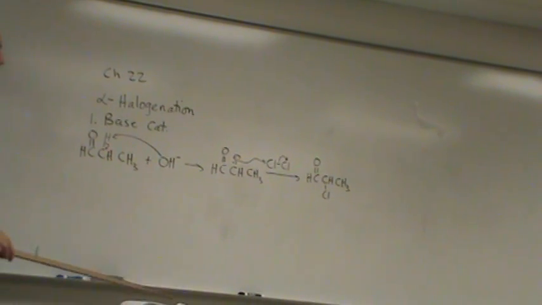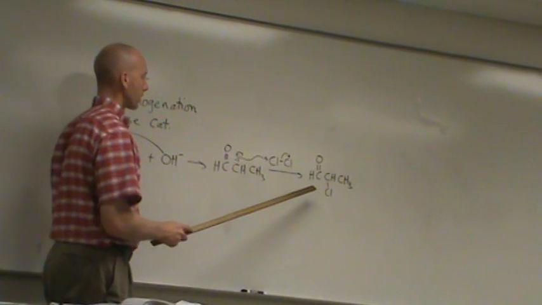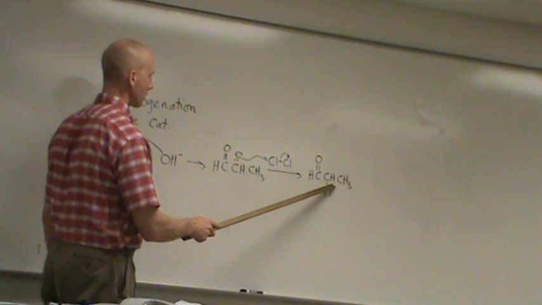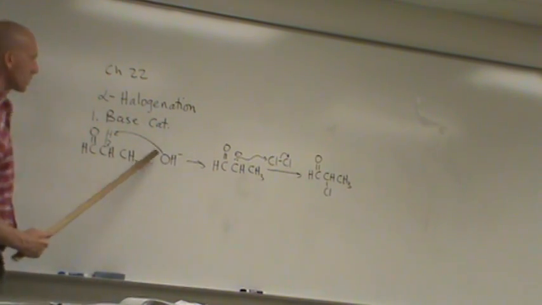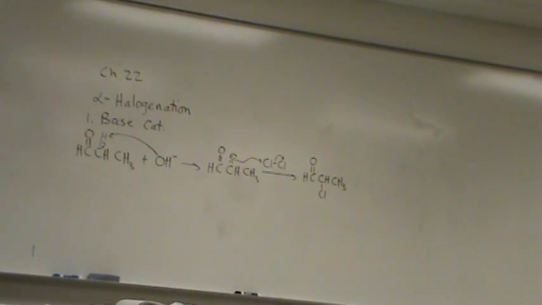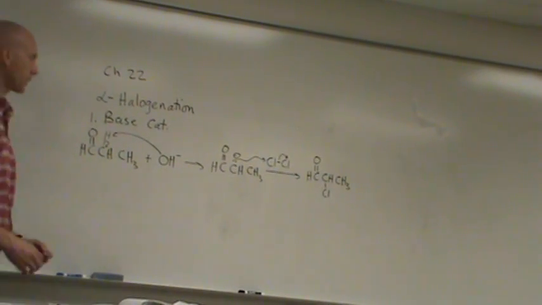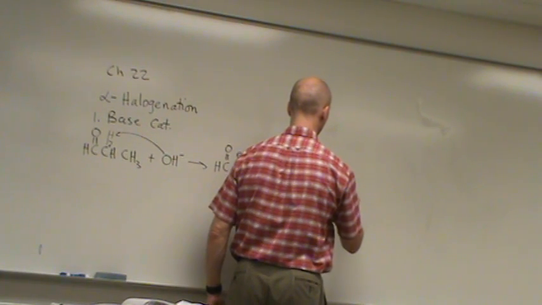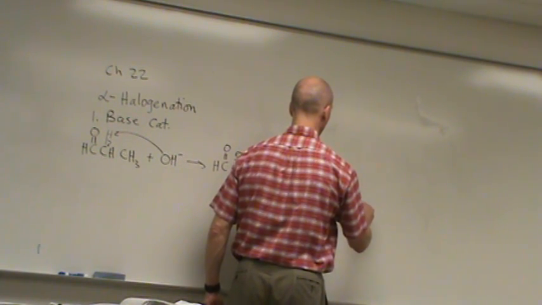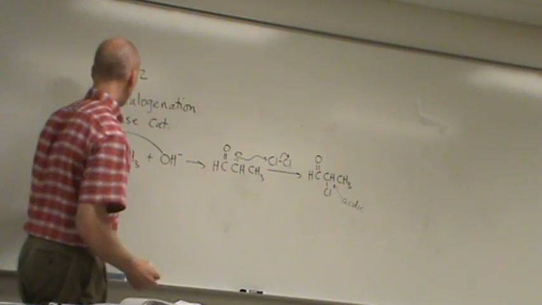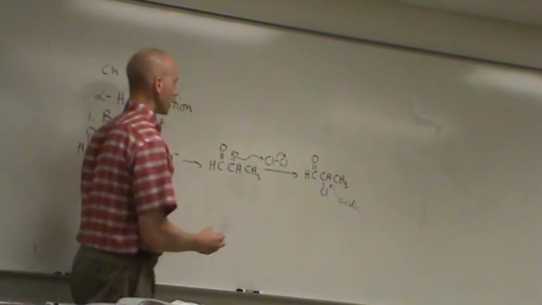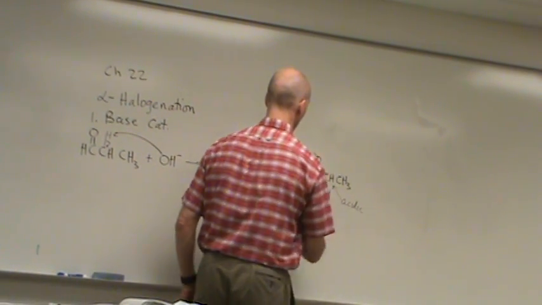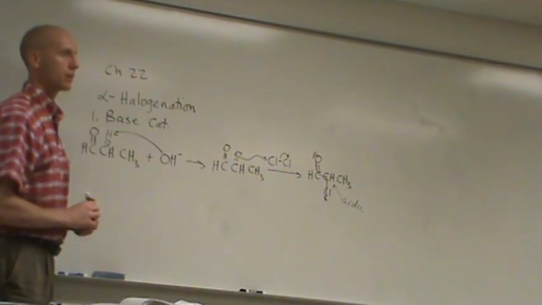Well, does this thing have another alpha hydrogen on it? Right there. And if I still have base in there, guess what it could do? It could do it again. In fact, this thing's going to be even more acidic than this one because I have two electron withdrawers here, the carbonyl and the chlorine.